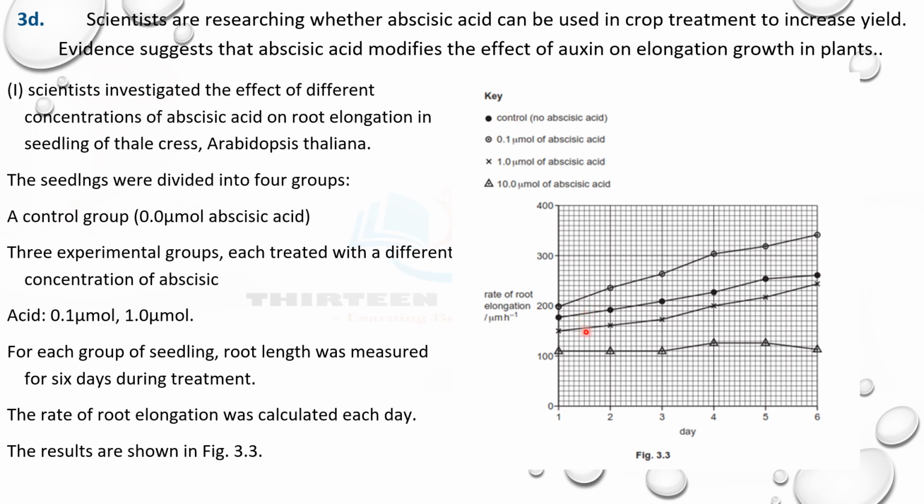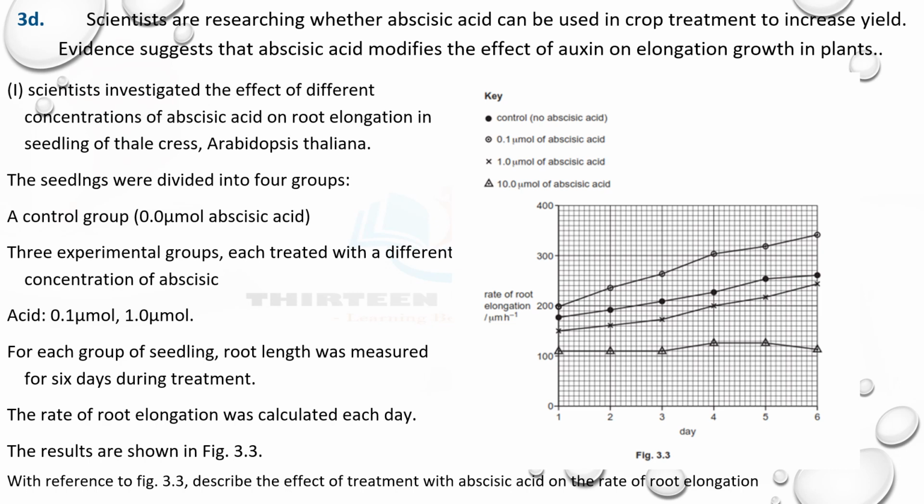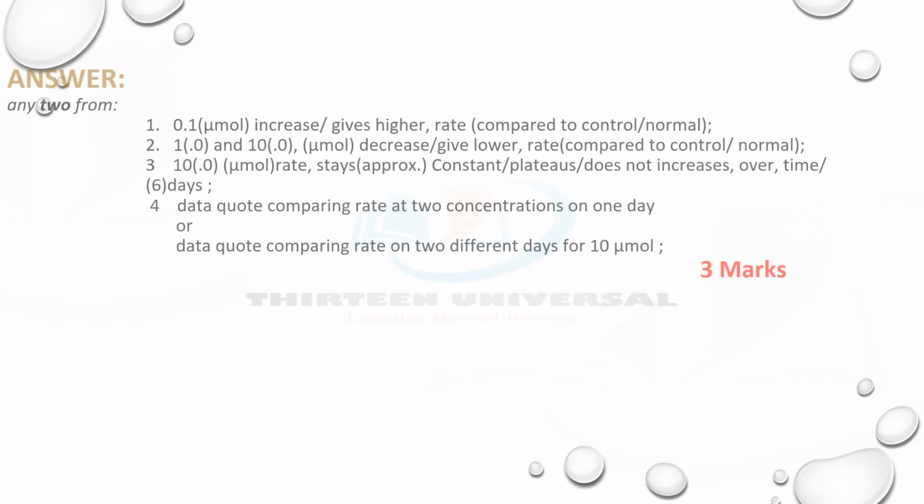So control and 1.0 micromole are higher than 10 micromole of abscisic acid. So we describe the effect: 0.1 micromole gives higher rates compared to control. Just compare them, the general trend, and you compare them. This and that give lower rates compared to control. So this stays approximately constant. You quote data to support it.